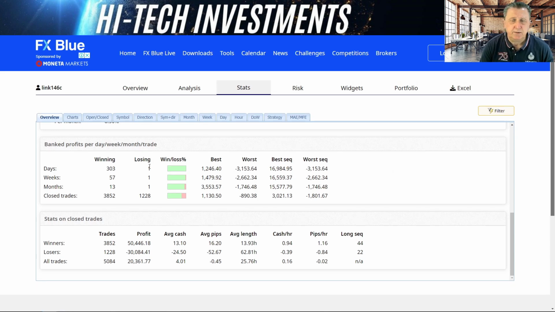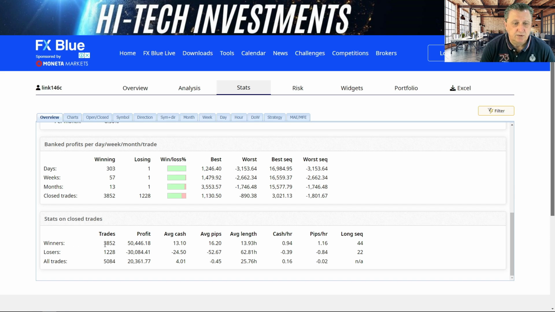So basically that particular day where it closed a couple of trades, it was in minus. So 303 days of winning, one losing day. And then we have 54 winning weeks. And that particular week where we also had that issue was obviously a loss. And then 13 months of profits. And we have one that actually lost out a bit. But in the past many months, things have been looking quite well.